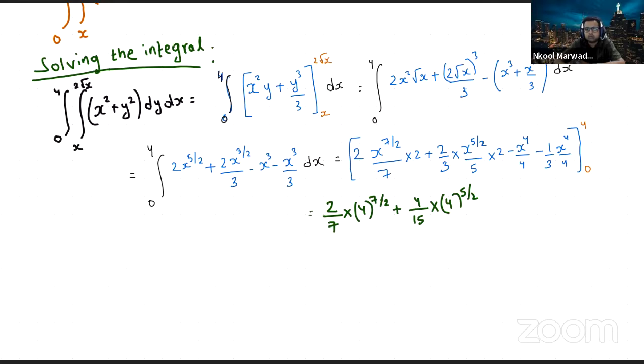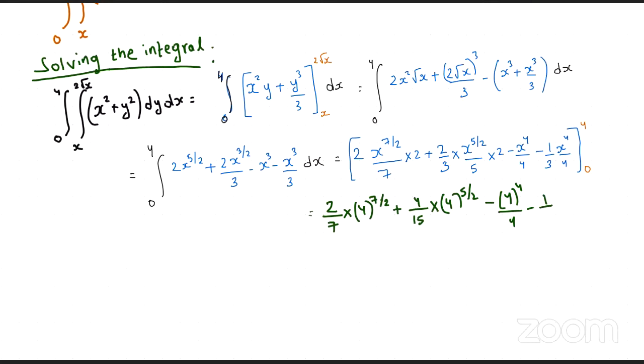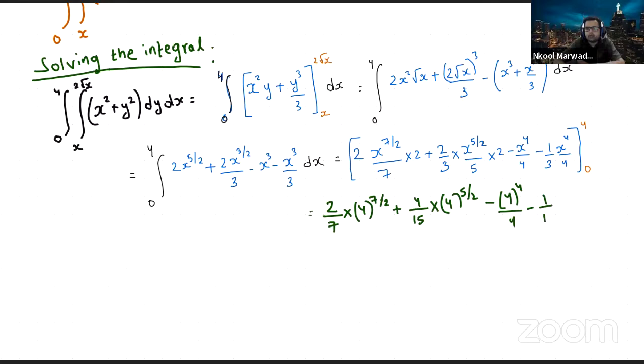Then minus 4 to the power of 4 by 4, minus 1 by 3, 4, 1 by 12. This we can simplify.